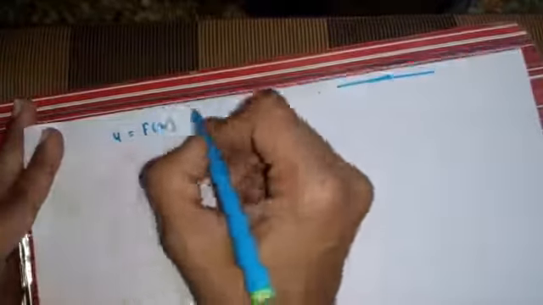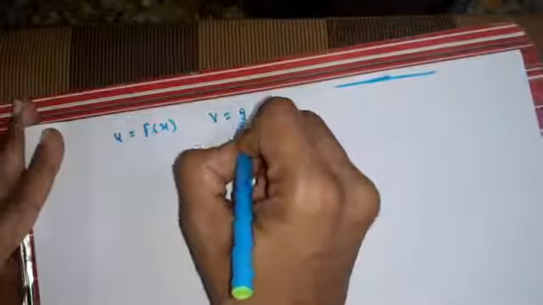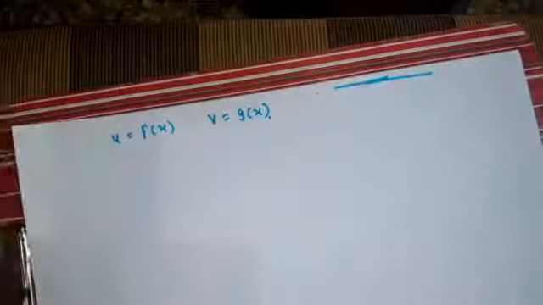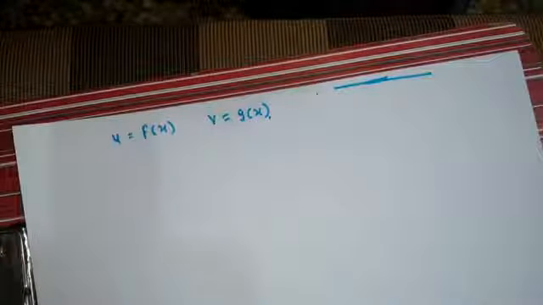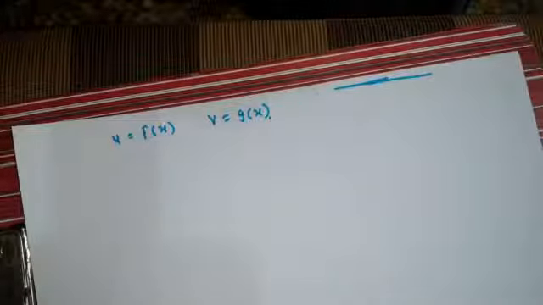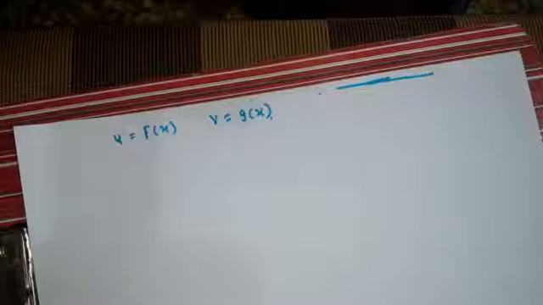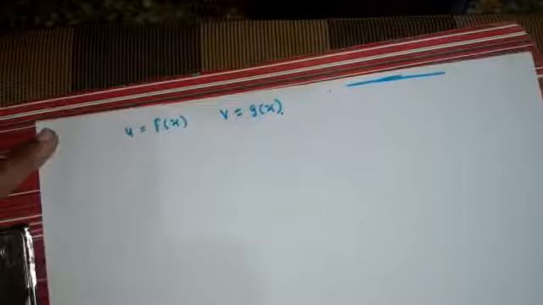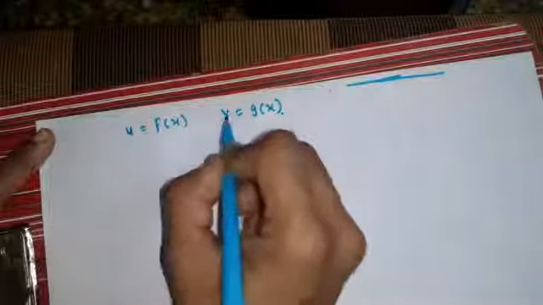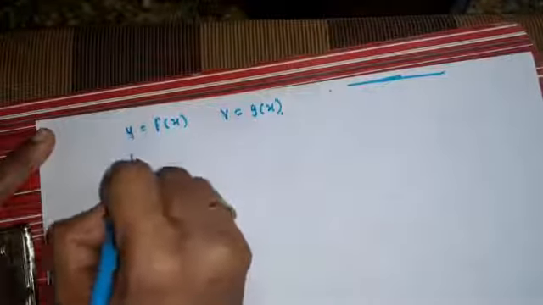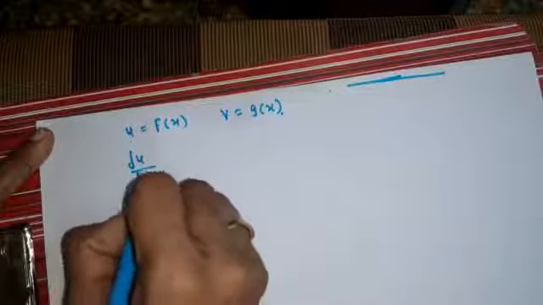Suppose we are given that u equal to f of x function, and v equal to g of x function. Then the differentiation of u with respect to v is du by dv.